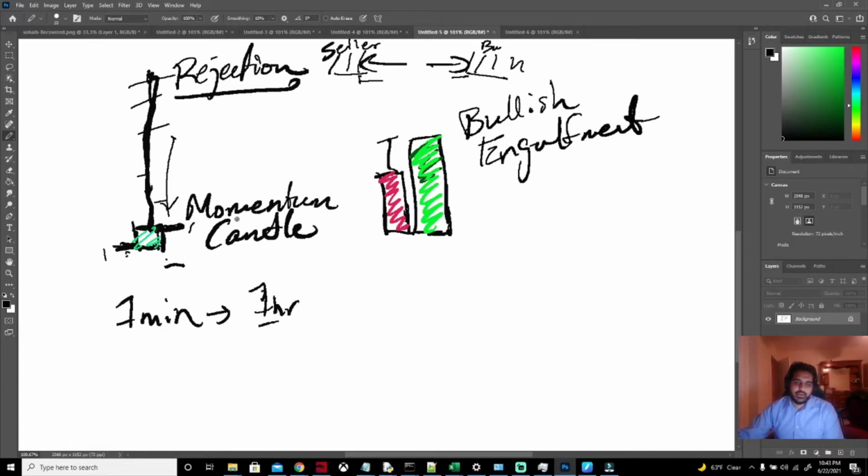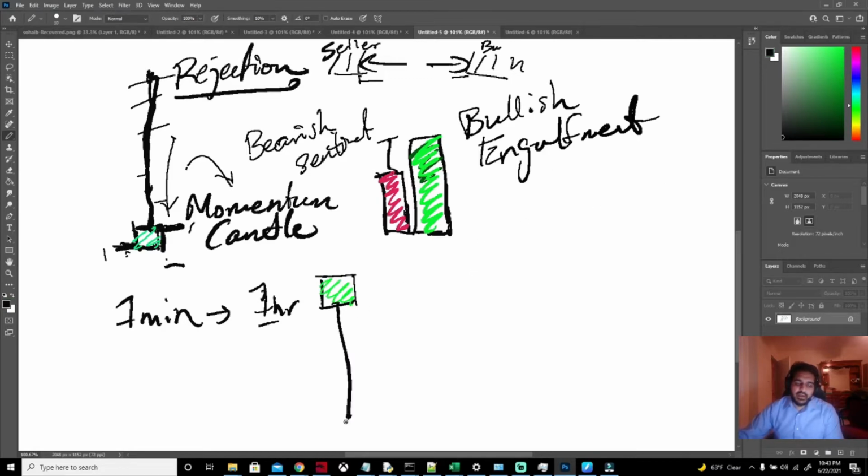Now, this momentum can tell you a bearish sentiment. And you'll always have analogs to each of these in the bullish case. So say there was a green candle, again, with a huge wick coming from the bottom, that means it bounced off of a level of support.